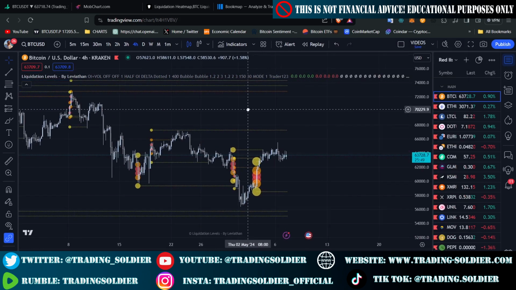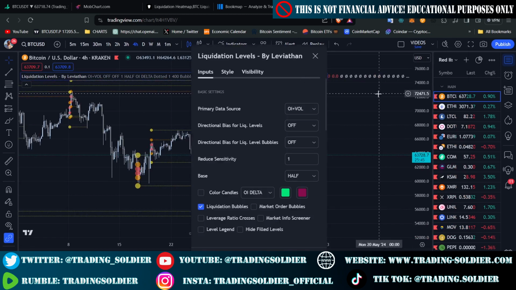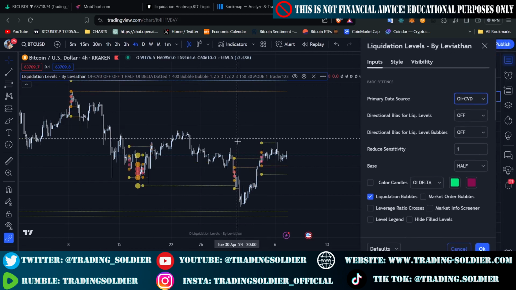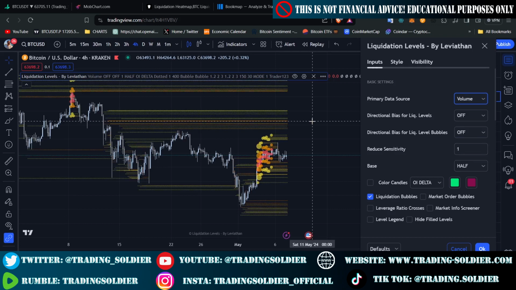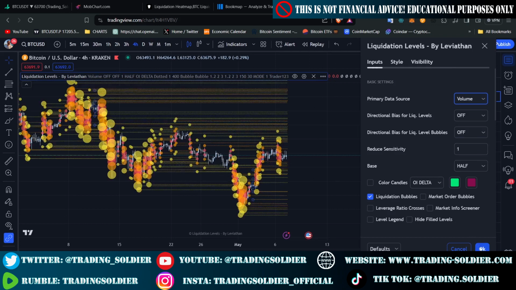Let me see. It's not changing a lot. Also, if I switch it to open interest plus CVD, they change the data. And I like to use just volume the most, because it's more representative and more like a heat map.